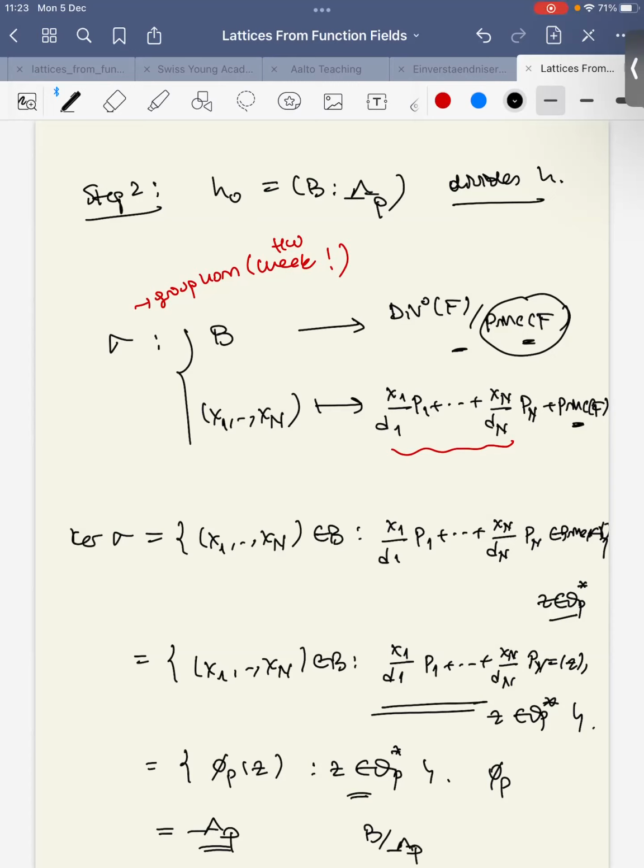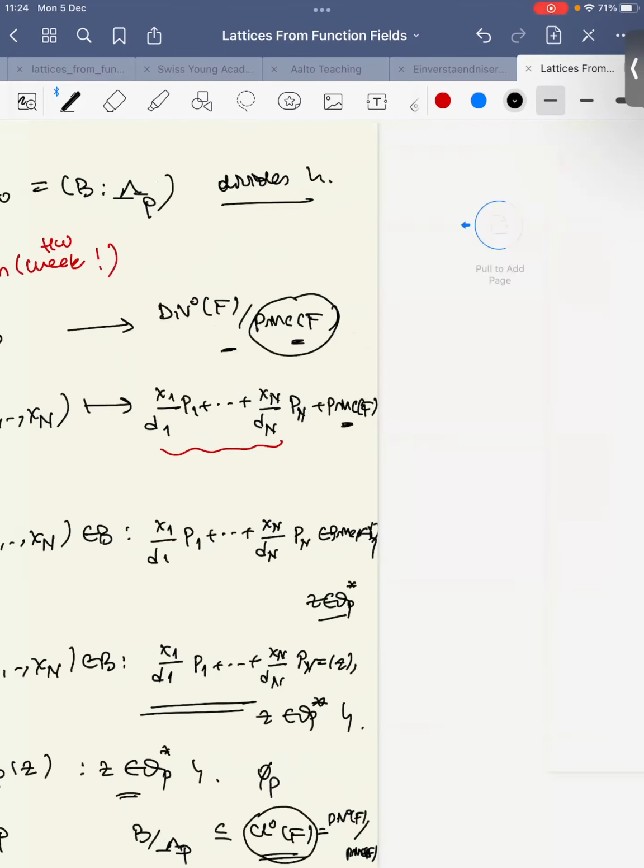Again, by the first isomorphism theorem, the function field lattice is a subgroup of the class 0 group. So by group theory, this index divides the order of this class 0 group.